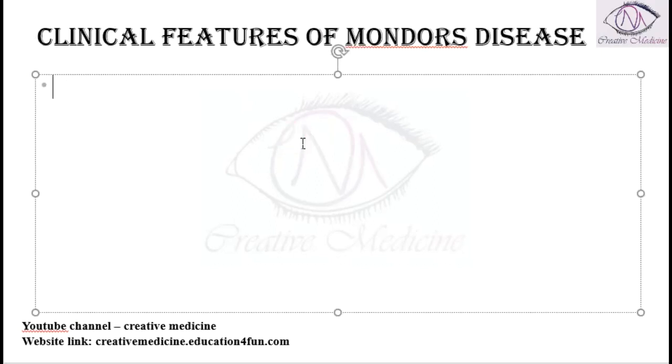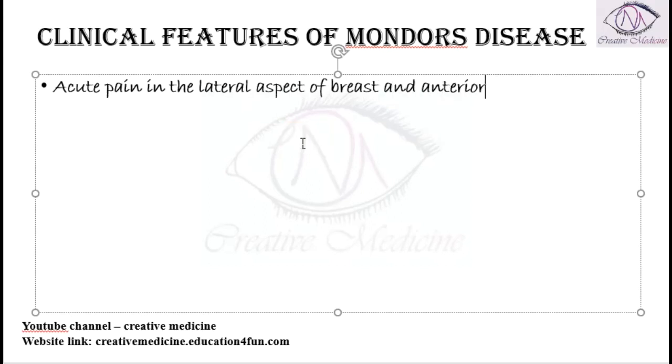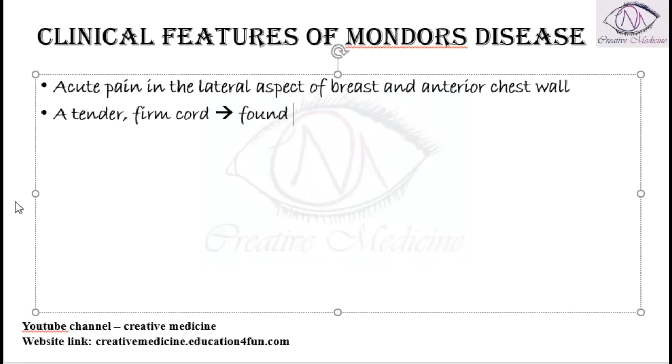So in Mondor's disease, the patient presents with acute pain mainly in the lateral aspect of the breast, and also the pain is in the anterior chest wall. A tender firm cord is found mainly at the superficial. The tender firm cord is nothing but the superficial veins.